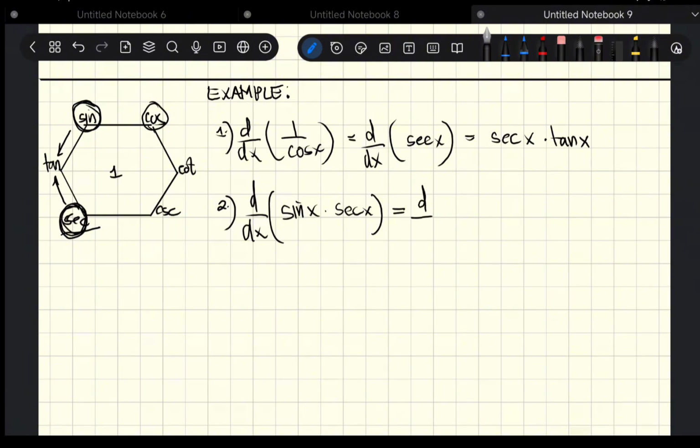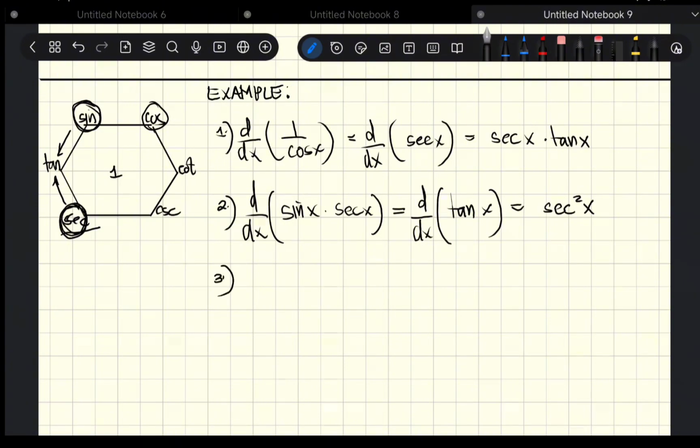So d over dx of tan x, and the derivative of tan x is equal to, since it is in the middle, we're going to move down, then we're going to square that. So that is secant squared x.